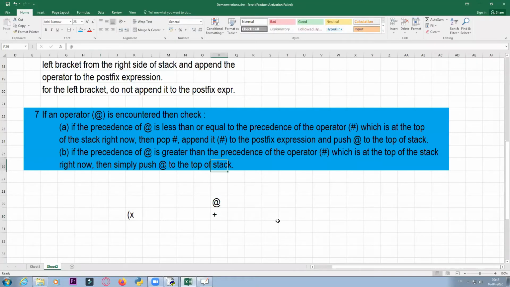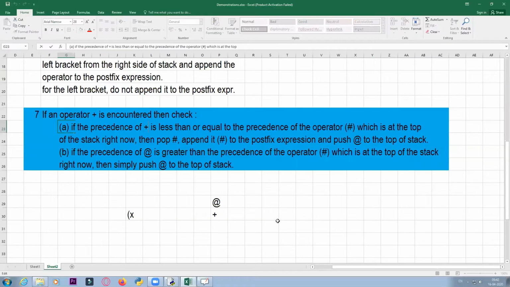Understood? This is the plus. Operator plus is encountered, now if the precedence of this encountered operator, that is plus, is less than or equal to the precedence of the operator which is at the top of the stack.